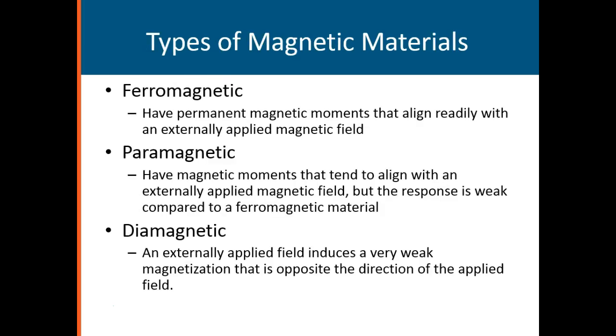Okay? Now, types of magnetic material. I said it's two, it's three. I just misread it. Ferromagnetic materials. Okay, we've mentioned those. Ferro meaning iron. They have permanent magnetic moments that align readily with an externally applied magnetic field.